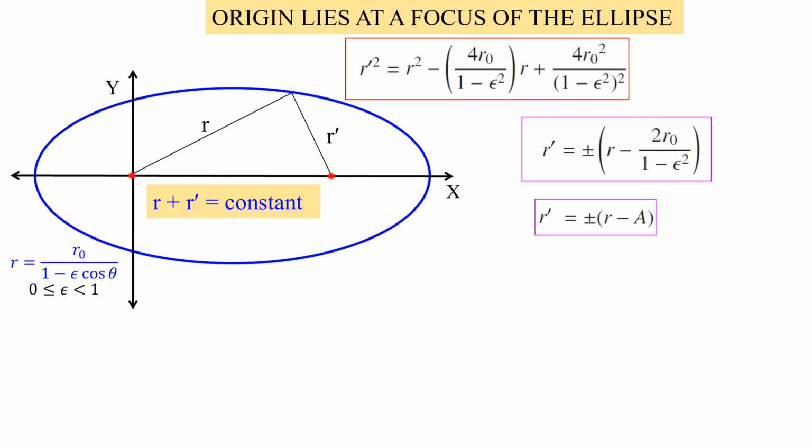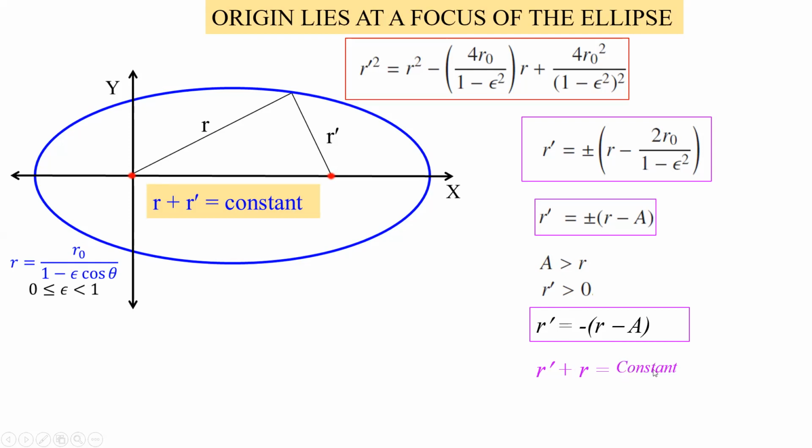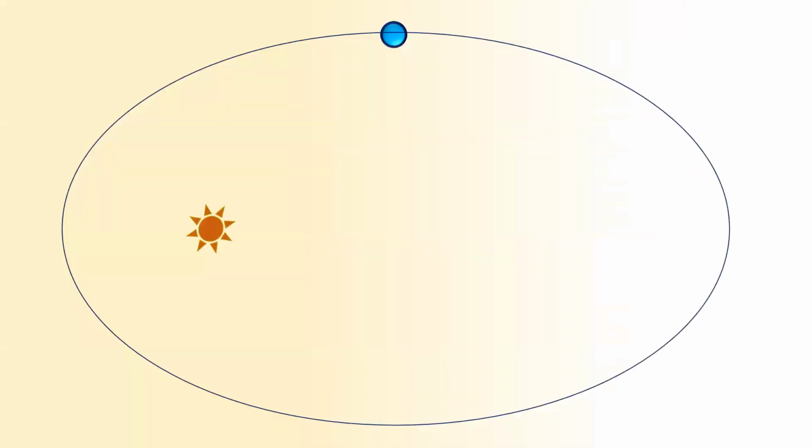That is well known. But here the value of r minus a is either positive or negative, so we must choose the sign such that r dash is greater than 0. So we take the minus term here. Hence r dash plus r is equal to a, which is a constant. So we proved the origin is at the focus of the ellipse.